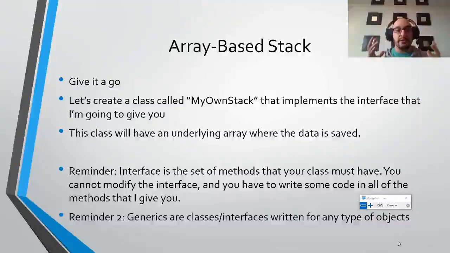Create a class that you're going to call my own stack, implement the interface that I'm giving you in the pre-class code, and try to write your own stack based on an array. So make sure that you keep track of all your data, your array, and probably where the top element is. So give it a go, and then we'll do it together.